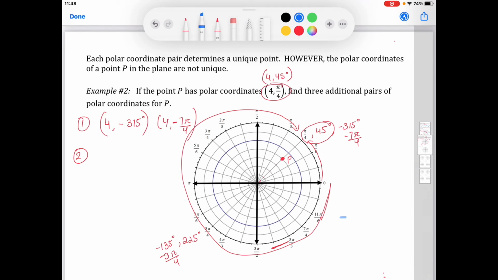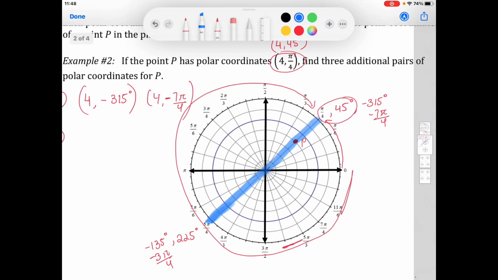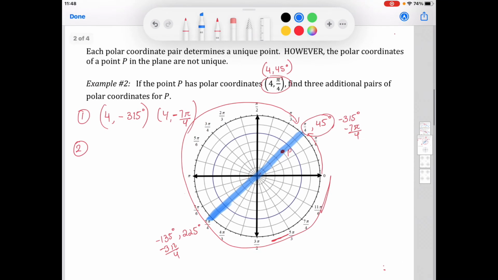The second, what if I go in the opposite direction, right? If my r is negative, I'm going to highlight this in blue. So if my r was negative, I'm going to go in the opposite direction, right? And that would be what? It means negative 4 comma, I'm doing angles first in degrees, 225 degrees, which is same thing as negative 4 comma 5 pi over 4.